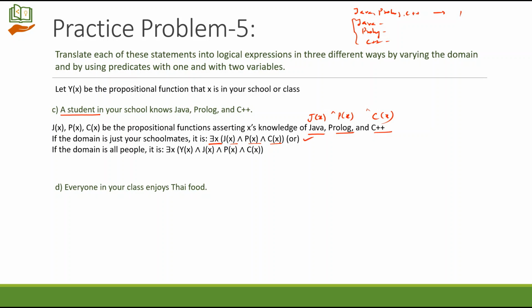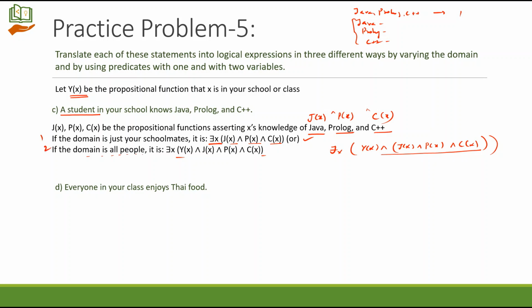What about the second way? We have to include the domain of all people. When this domain of all people is included, we are bringing Y of x into the scene, but this can be written in this form as Y of x and J of x and P of x and C of x. This is how we have to mention it, but all the operations are the same, so we are using only one parenthesis here. This is for domain of all people.